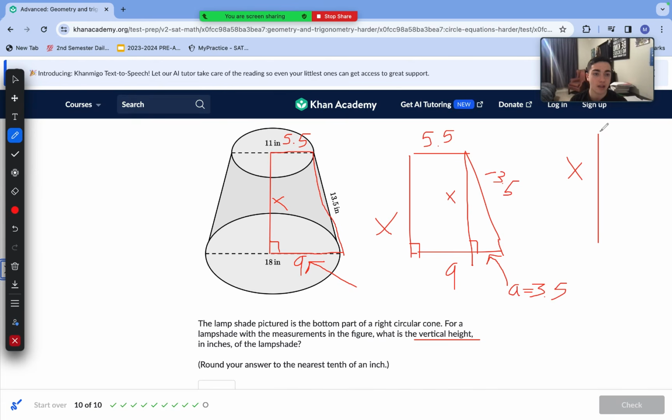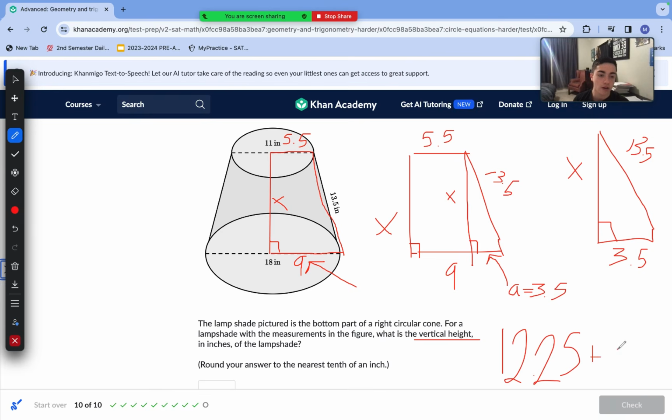X on the left side, 13.5 on our hypotenuse, and 3.5 on our bottom side, which we can now put into the Pythagorean theorem to solve for x. So that's going to be 3.5 squared, which is 12.25, plus x squared equals 13.5 squared, which is 182.25.